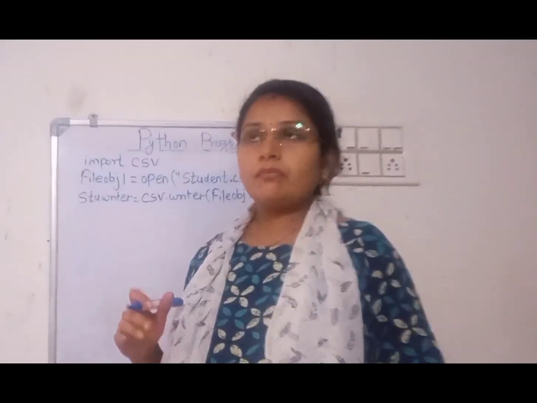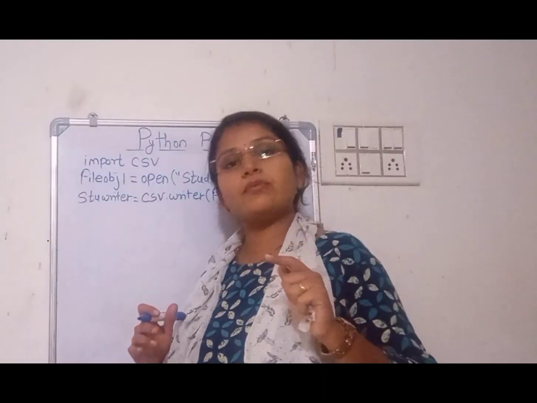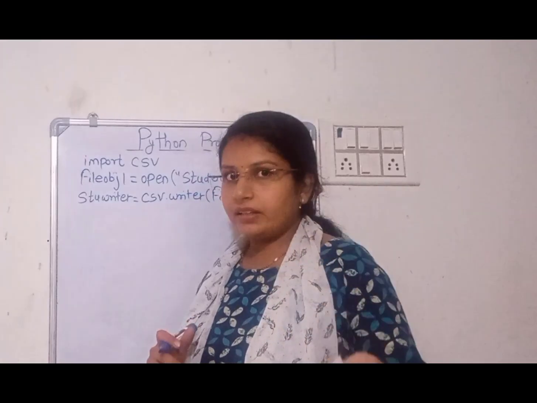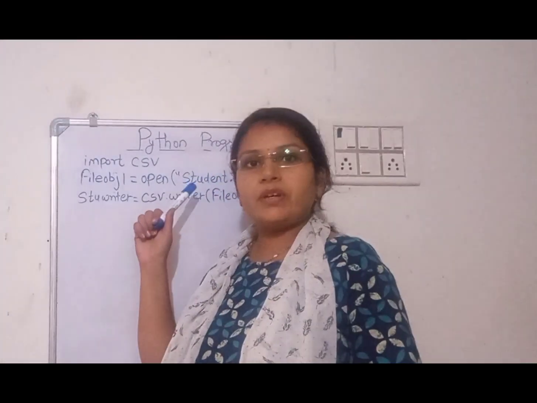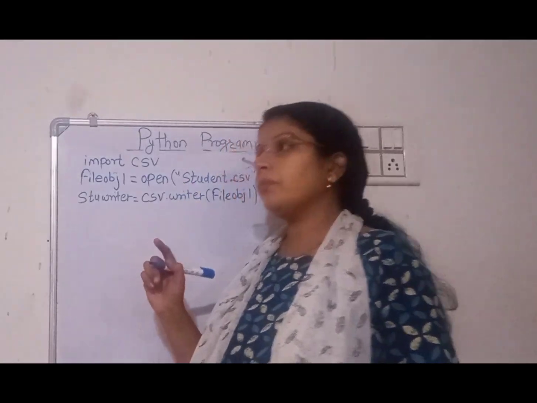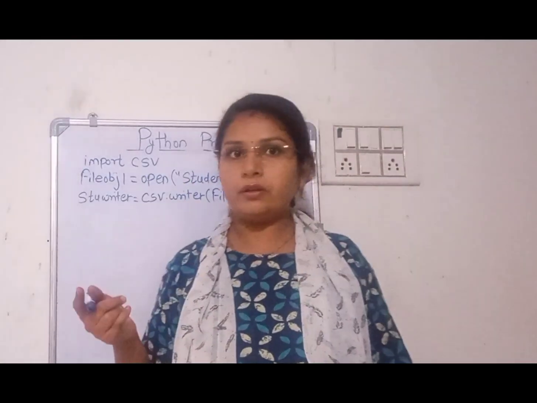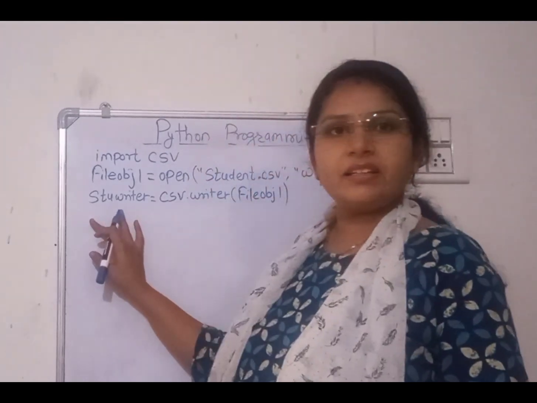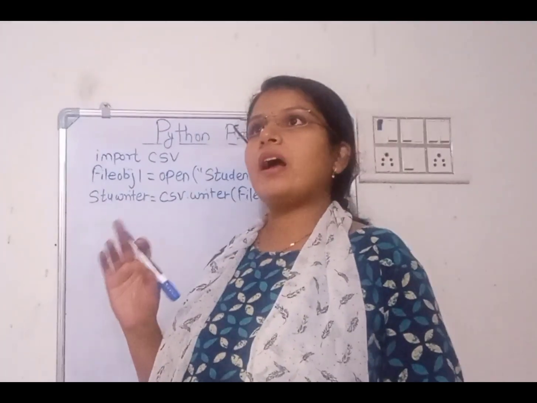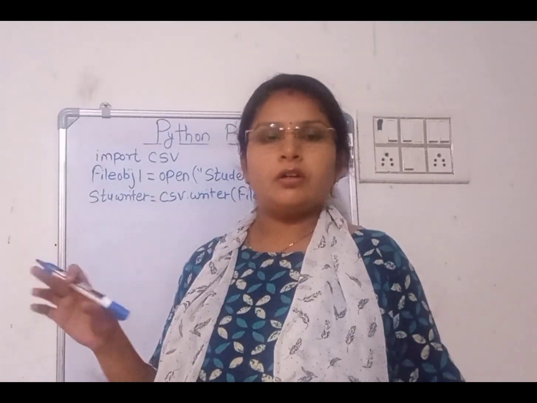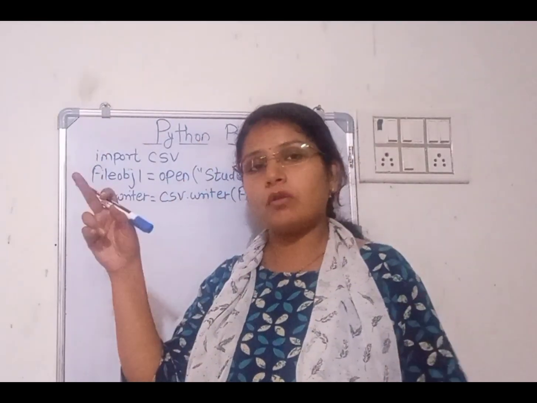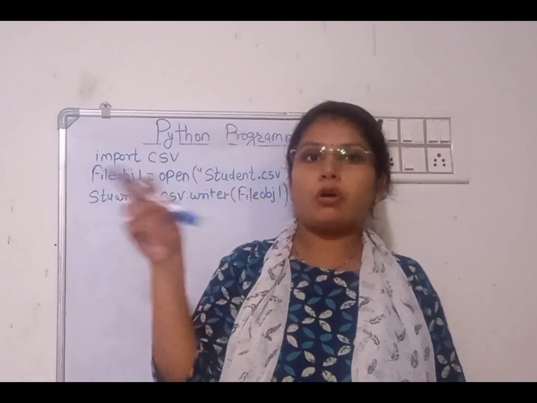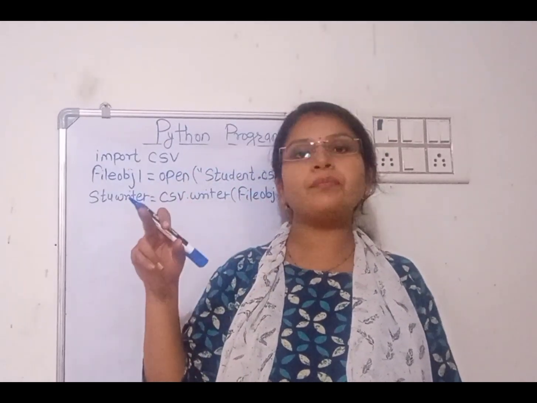After that, it's time to create the data and load the data into this student.csv file. So here I am using the writerow method. After creating this writer object, first I want one line which has the fixed values, because I want to give names to the columns of my data, the columns of my attributes.